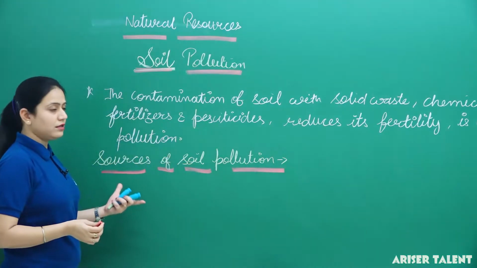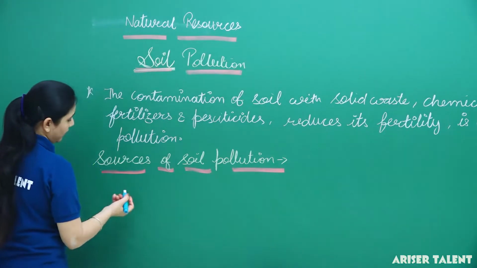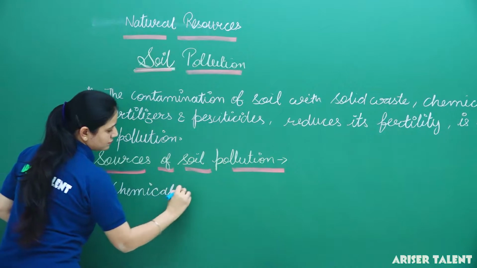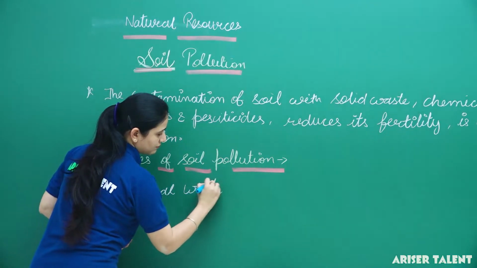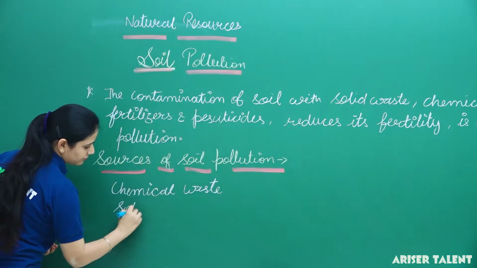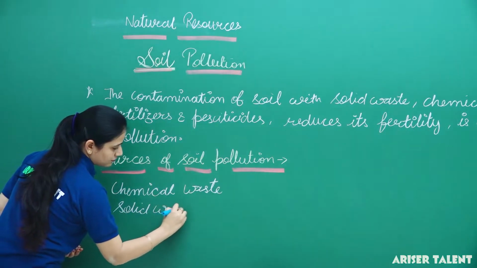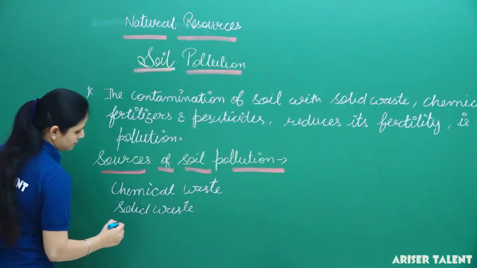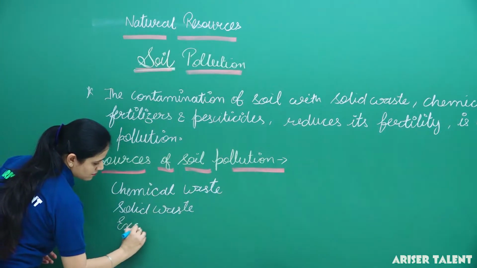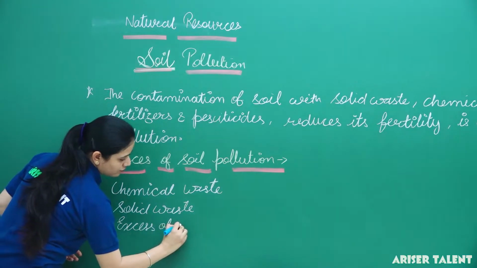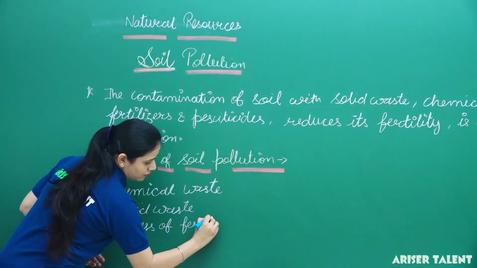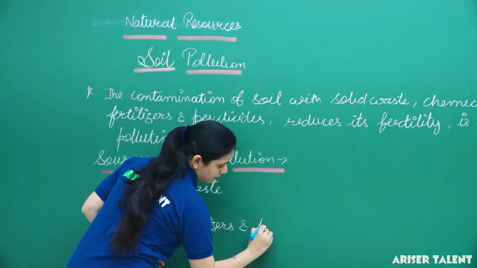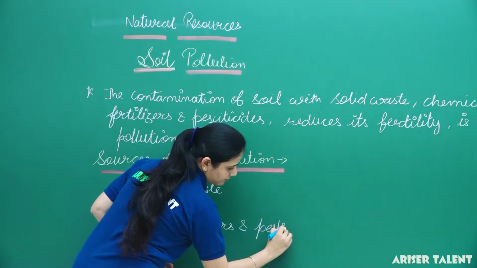Then there are main sources of soil pollution like chemical waste, solid waste, and excess use of fertilizers and pesticides.